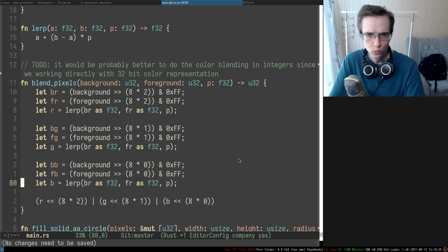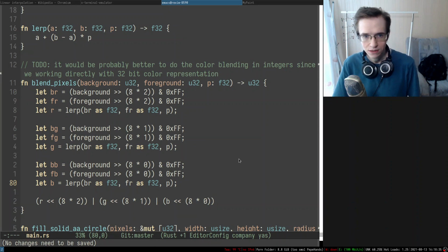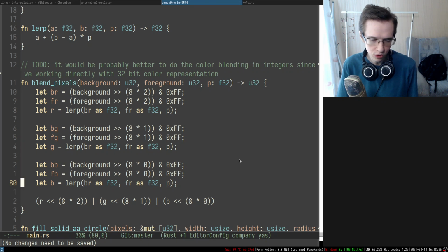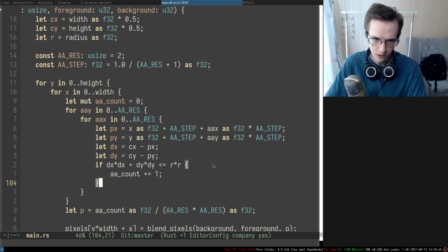There we go. So we extracted all of the components, blended them with linear interpolation, and then assembled them back. We'll have to do that on each individual pixel, which is probably expensive, but again, we're not doing super high-performance computations, so maybe it doesn't really matter.